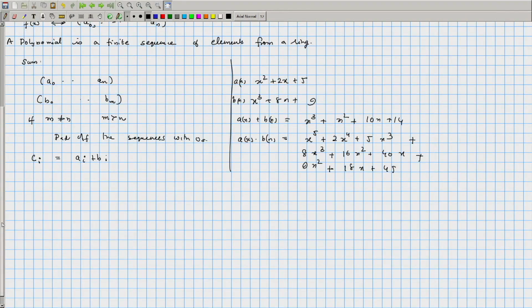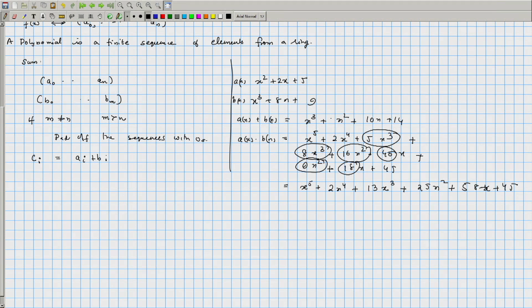So, that can be combined and written as x raised to 5 plus 2x raised to 4 plus, these terms combined to give us 13x cube plus, these two terms combined to give us 25x square plus 58x plus 45.